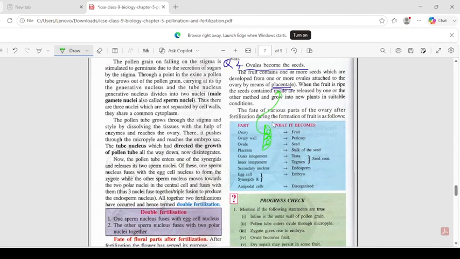Now here you can see, this is the best chart explaining the post-fertilizational changes: the ovary is converted to fruit, the ovary wall is converted to fruit wall or pericarp, the ovule will form seed, the placenta will form the stalk of the seed, the outer integument of the ovule will form the testa or outer seed coat, and the inner integument will form the tegmen or inner seed coat. Secondary nucleus, I told you, is diploid.